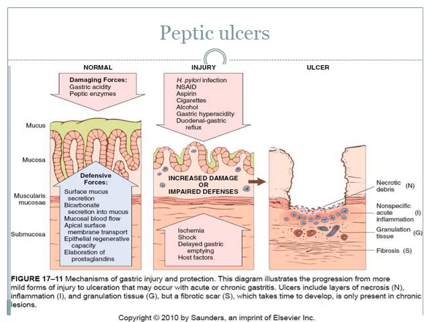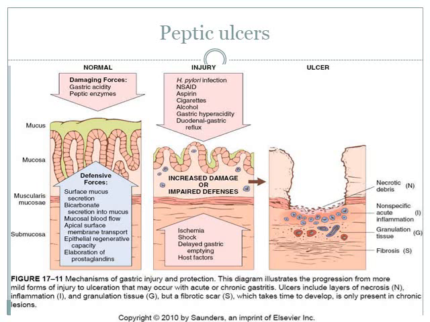Now when things turn abnormal, it's when we start looking at one or two things happening. We either have an increase in the damaging forces and/or a decrease or an impairment of those defenses. Okay, so if we add a number of damaging properties like H. pylori, I've mentioned your aspirin, your NSAID, alcohol, hyperacidic states, then that's obviously going to increase the damaging forces.